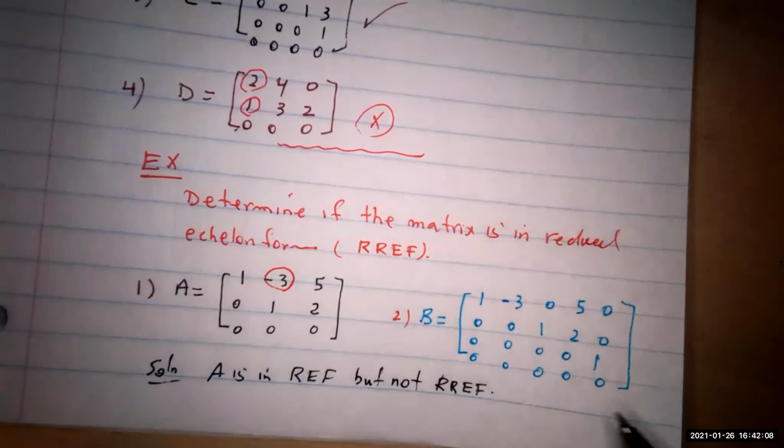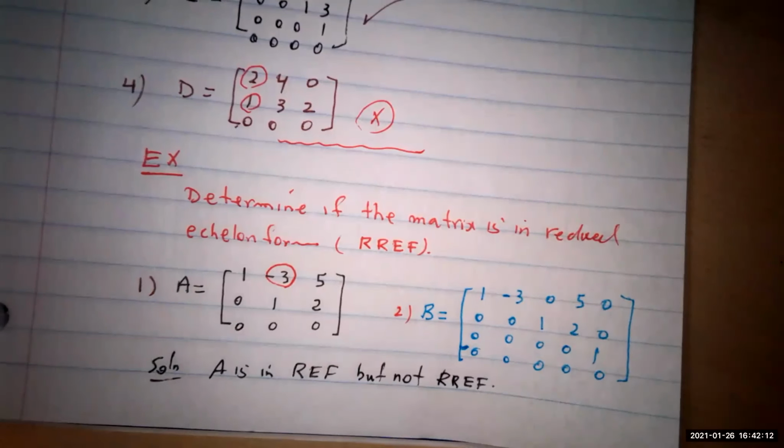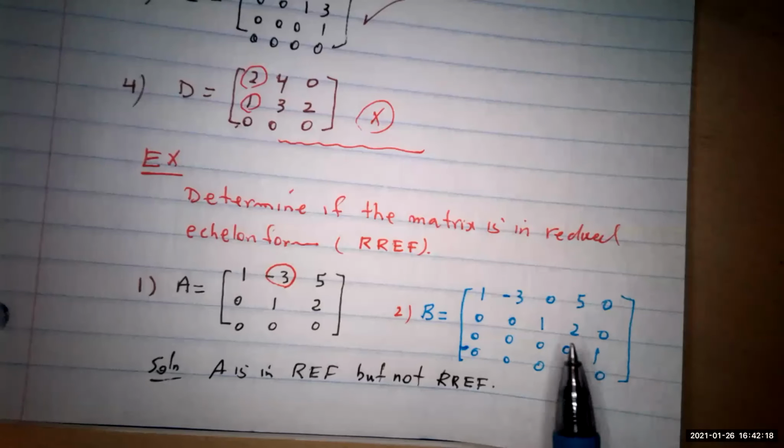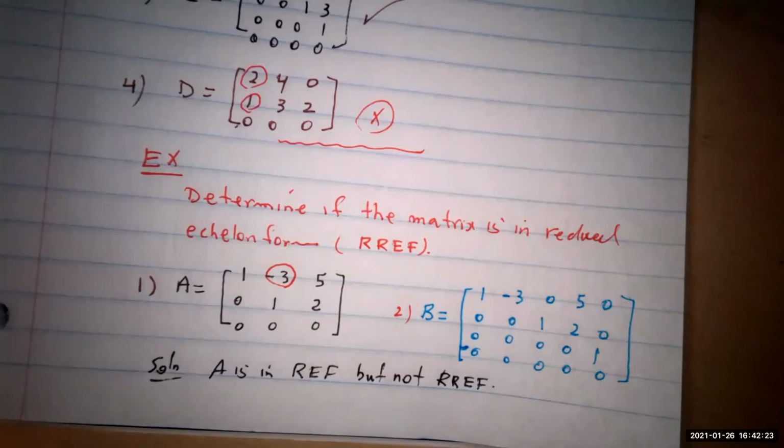You see this one? This is it. You see the leading term is 1. Leading term is 1, 1. Fine. So we check, this is the leading one, everything else is 0 in this column.